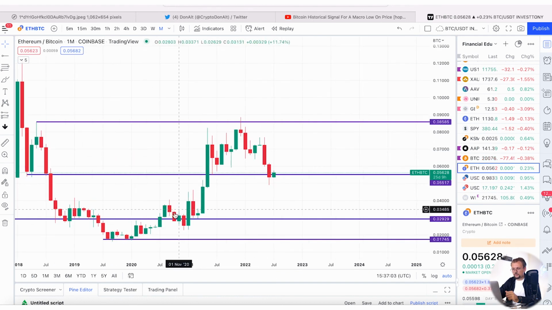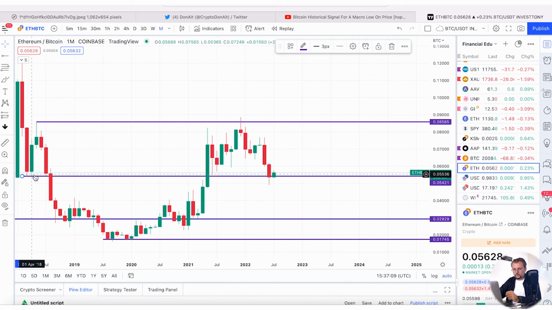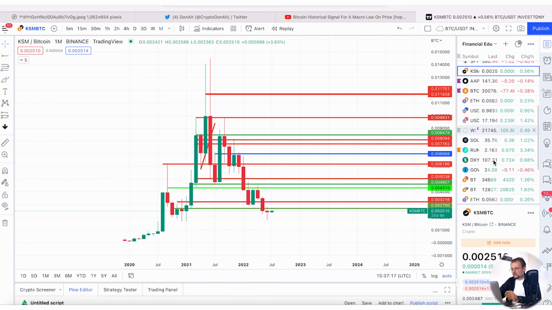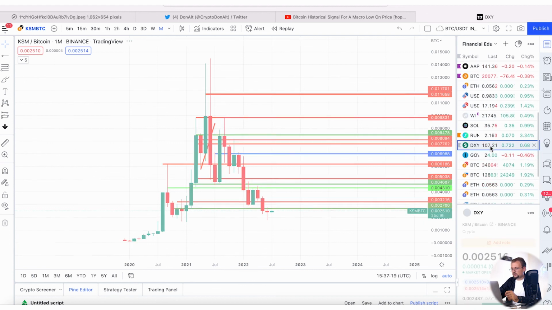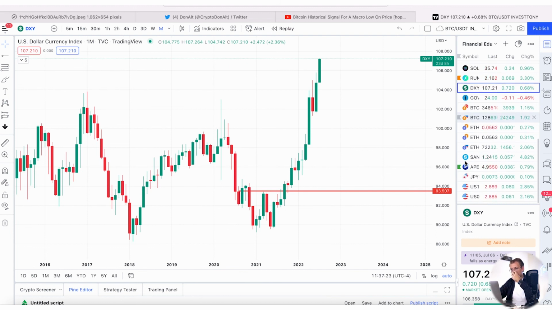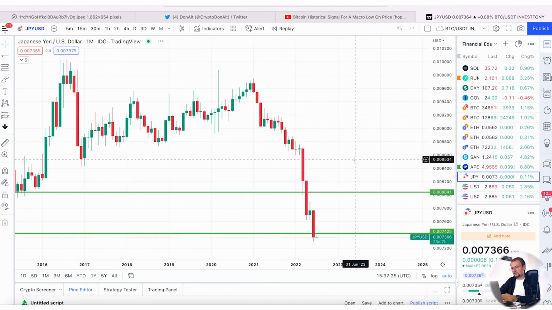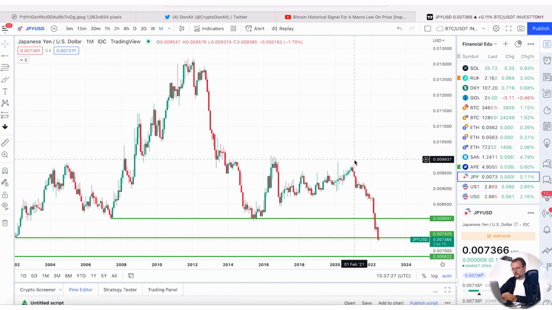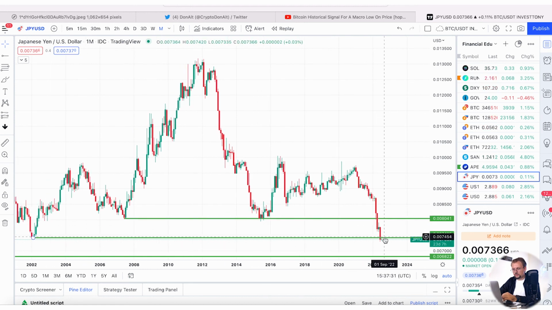You can see how support and resistance play here too, and if you adjust them a little bit better with the weeks, then you can see that that's exactly where it's supporting, that's exactly where it's resisting. And you can play with some altcoins, you can even play with the dollar index, anything you want. With yen, let's see how yen is performing. Yep, you see once this area is broken, it goes down.